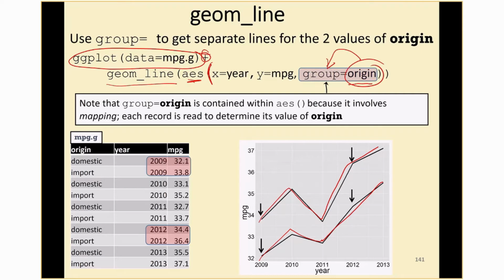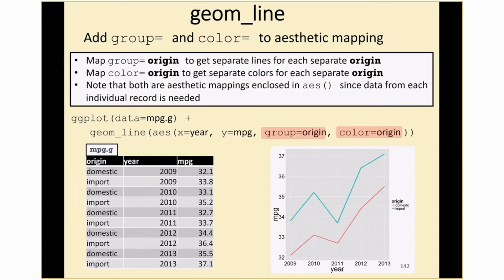Now, the obvious problem is we don't know which one is domestic and which one is an import. But that's easily solved. So this code is very similar to what we saw before. There's our aesthetic mapping, and it's open and close parenthesis. Year goes on the x-axis, miles per gallon on the y-axis. We group according to origin and get separate lines.